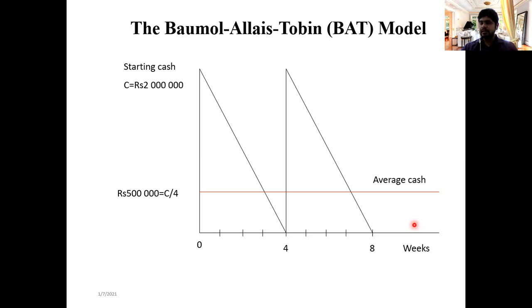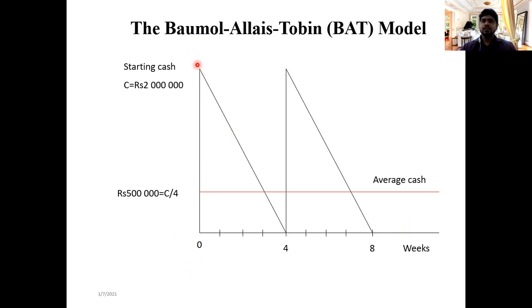It may be in terms of days, weeks, months, and so on, right? At the initial point, we invest our money. In this example, we start our business with 2 million rupees. This is the maximum level, maximum point.